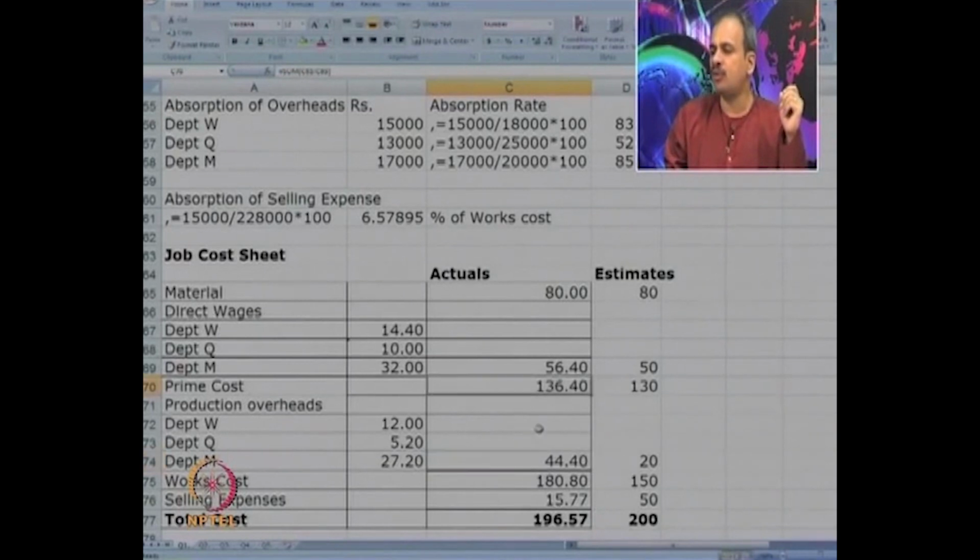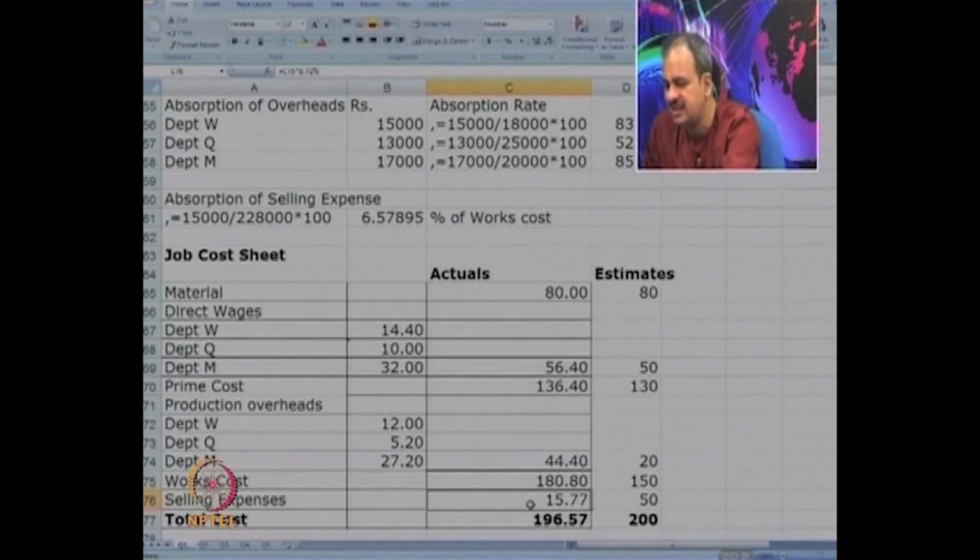So now prime cost plus production overhead, the works cost comes to 180.80. You can see that the estimated works cost was only 150. Actual is now calculated at 180.80. Selling overheads, I'll just recalculate because there was a slight error.